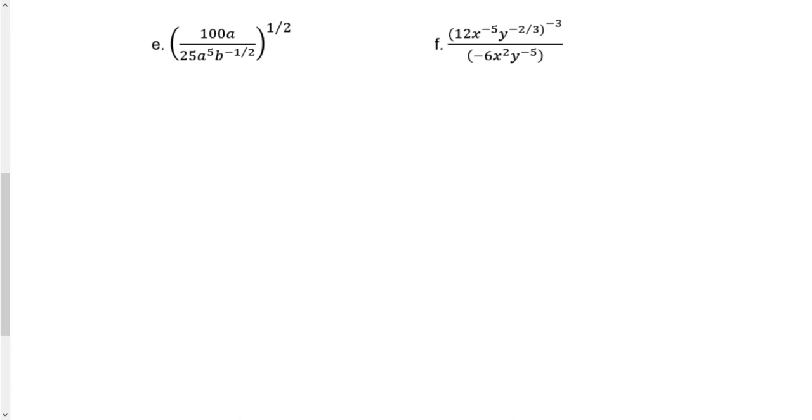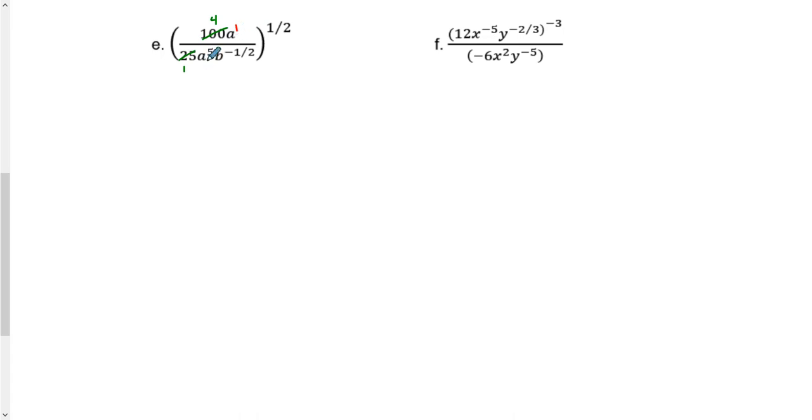Well, let's simplify first. We have 125. Those are numbers. Well, those can be reduced to 4 and 1. We have the same base. So this, without an exponent, that a is a to the power of 1.